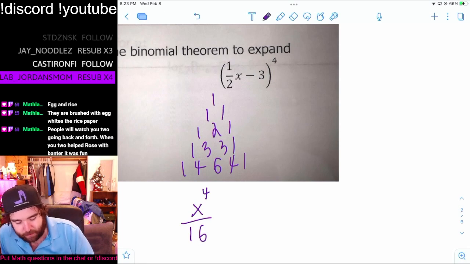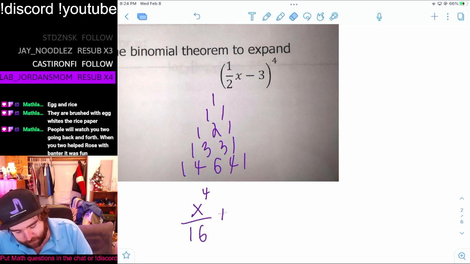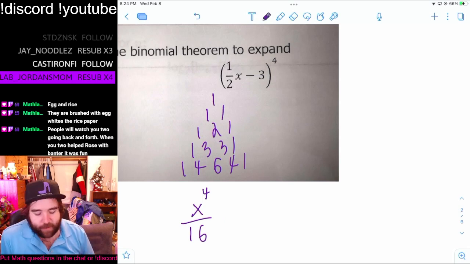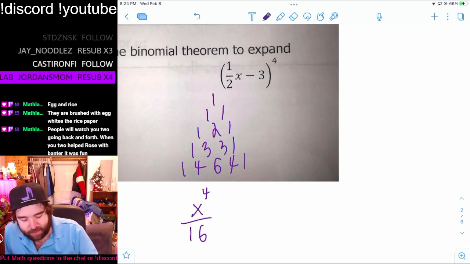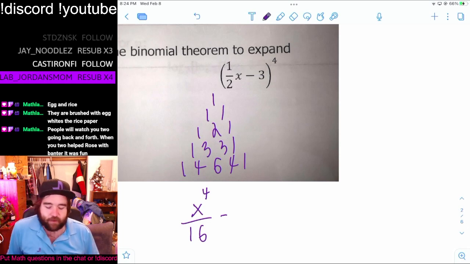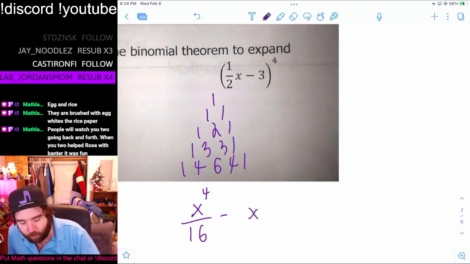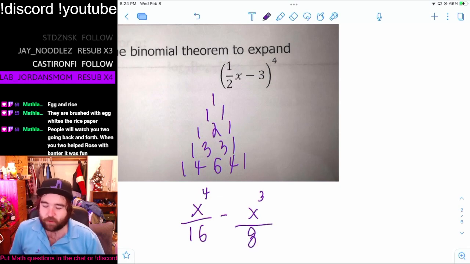Should I write it all out or try to do it in my head? I would do it in your head. But it's always going to be plus, minus, right? That's the main thing I was thinking about, because it's going to alternate. So we're going to have the x cubed and then 1 half cubed, so over 8, and then the 3 to the first.